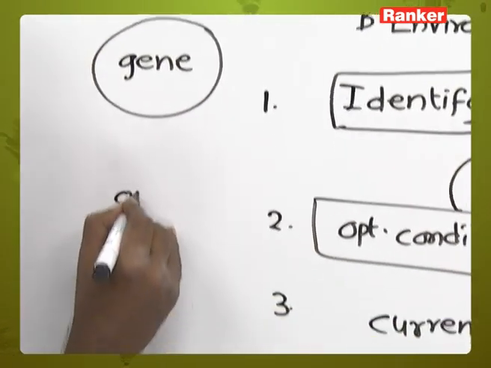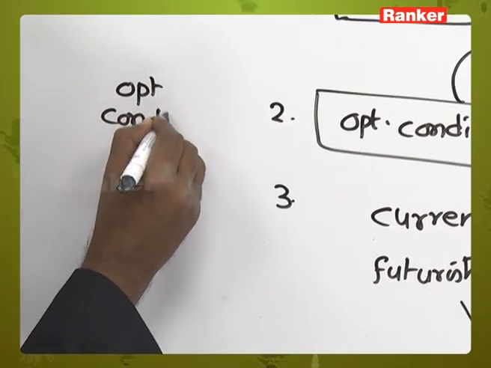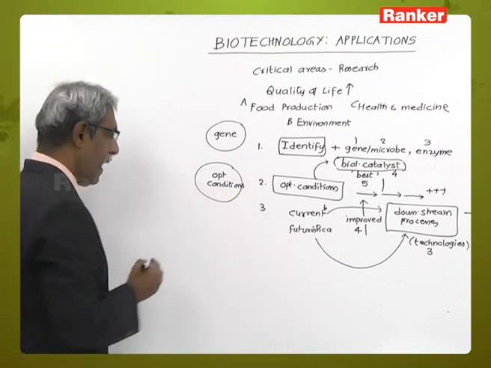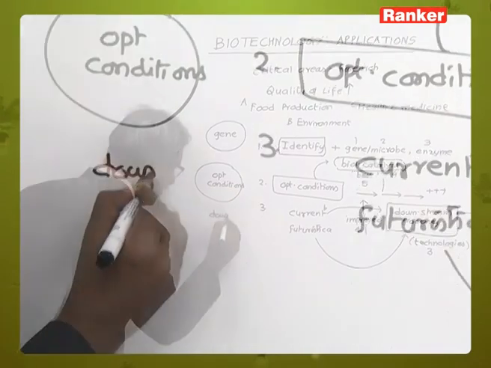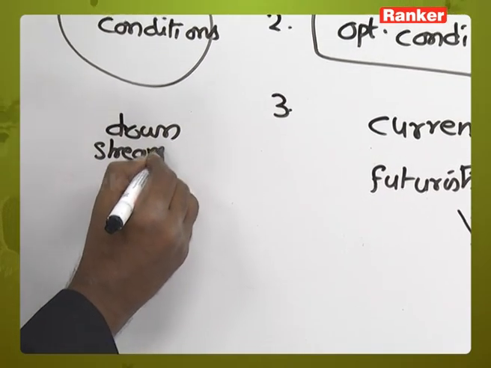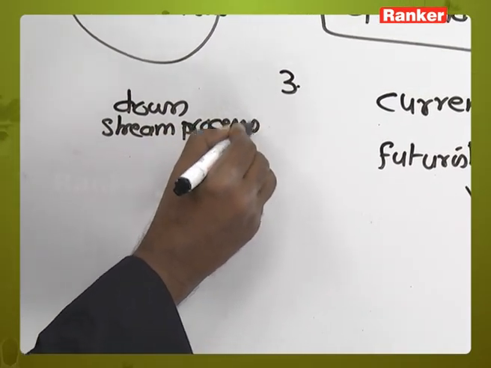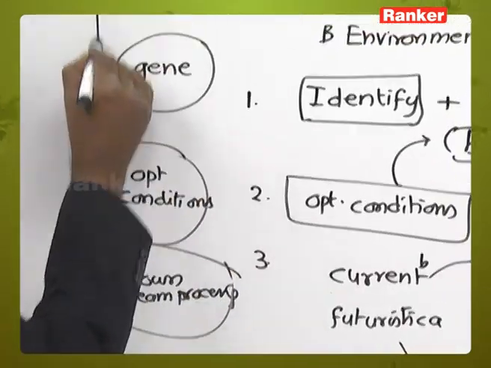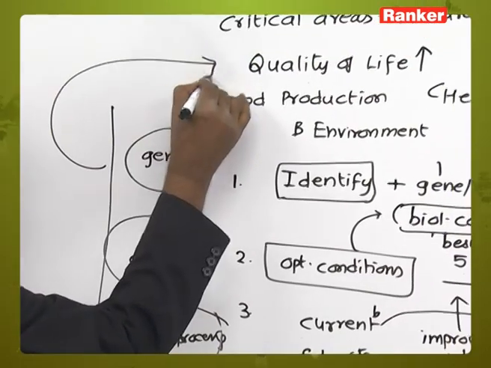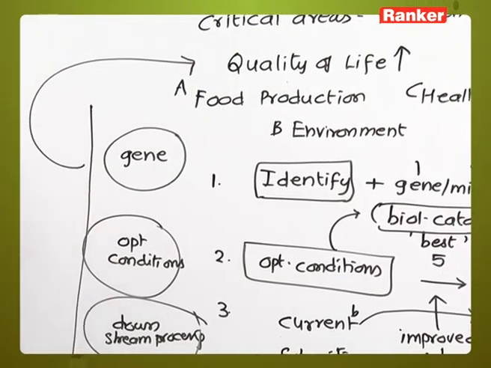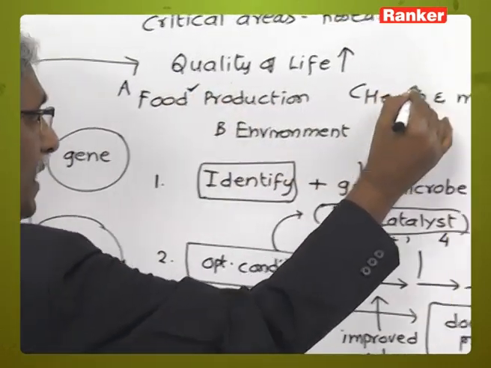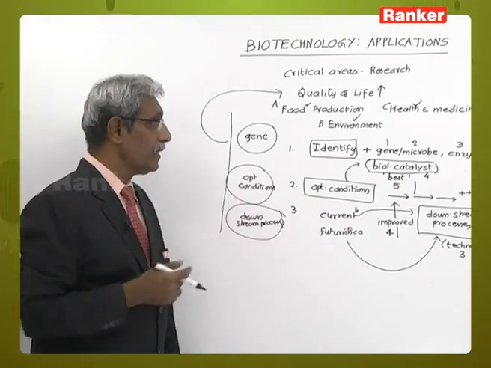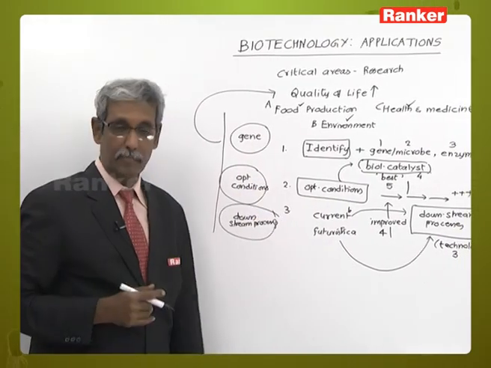Next relates to the optimum conditions under which we need to grow the gene of interest or the microbe, and what exactly happens in downstream processing. So, these are the three critical areas of research which biotechnology always addresses. Because of these, the quality of life can always be enhanced in terms of food production, health and medicine, as well as environment. So, the critical areas of research primarily deal with these things.